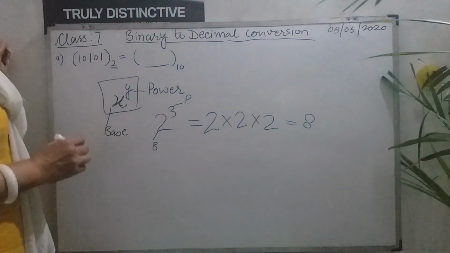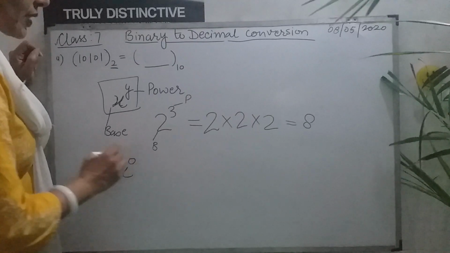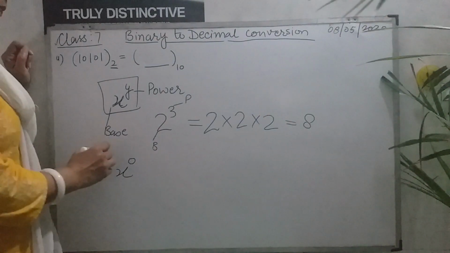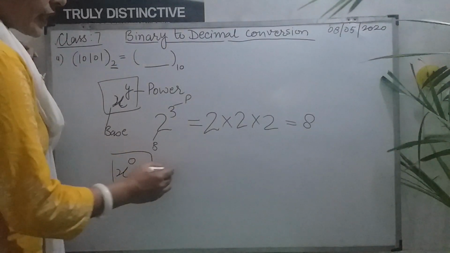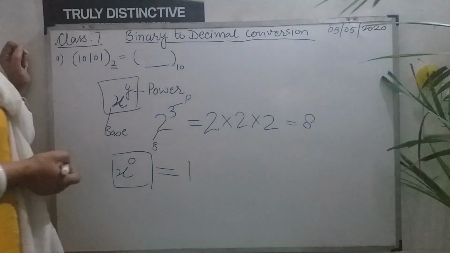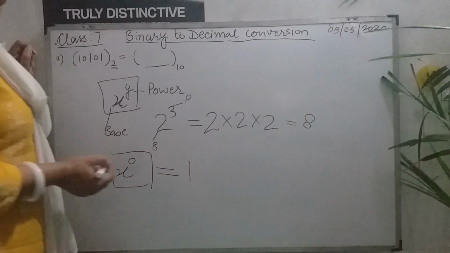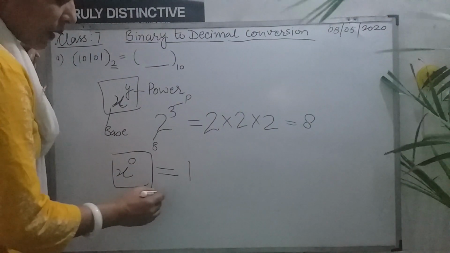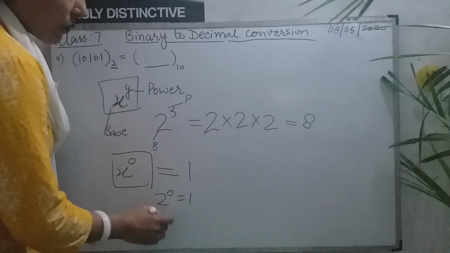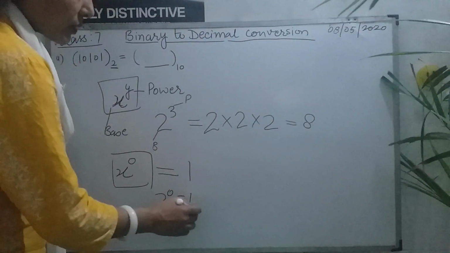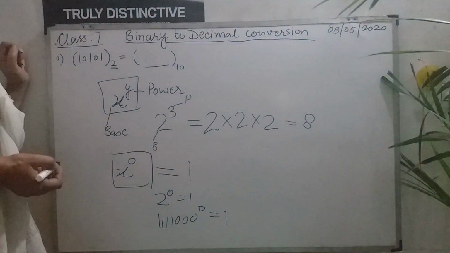And one more concept: if any number's power is 0, this is very important, then the resultant value is always 1. If you write 2 power 0, the resultant value is 1, or if you write 11100 with power 0, the resultant value is also 1.